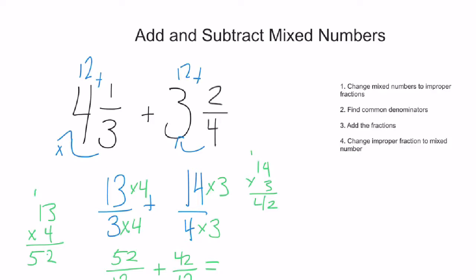52 plus 42 is 94. Over 12, my denominators remain the same. So we were given a question in mixed numbers, which means our answer should be responded to in a mixed number. Leaving us with step number 4, change the improper fraction to a mixed number.